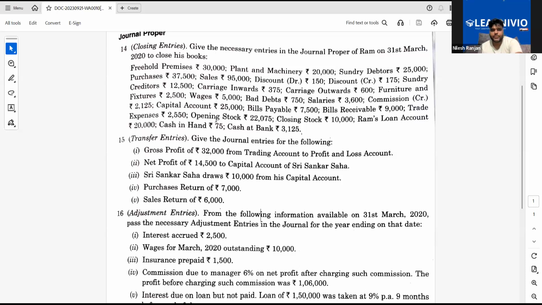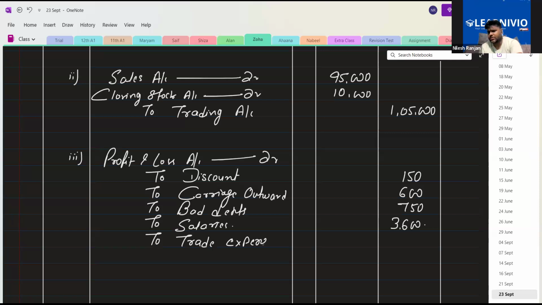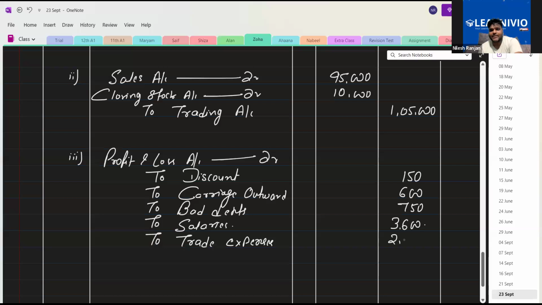Commission, capital, business, trade expenses. Sometimes students ask why trade expenses go to profit and loss, not in trading account. It is also indirect. It doesn't mean trade expenses. It is written trade, so it is similar to trading, but it will not go to trading account. So it is also an indirect expense.